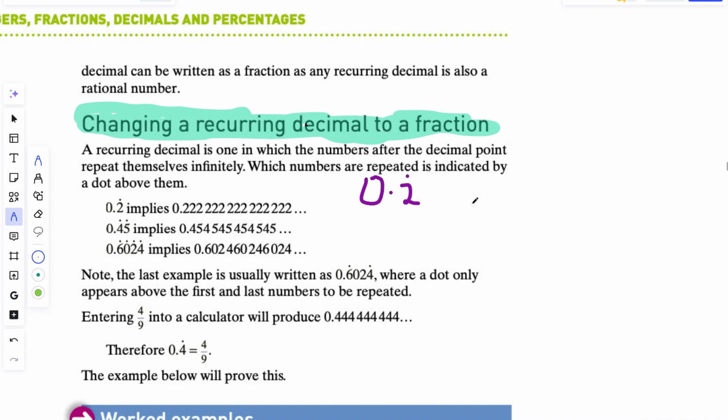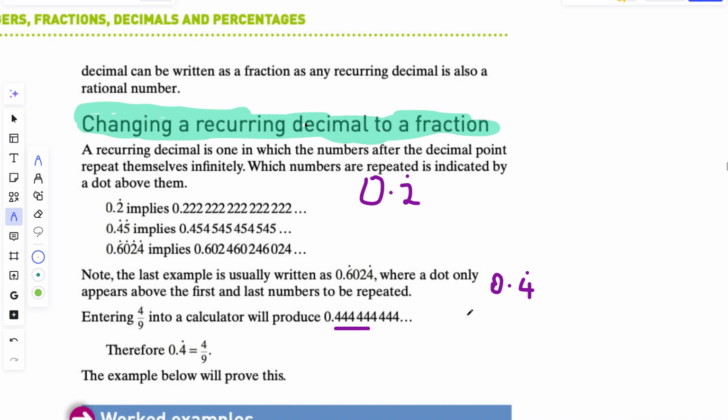So let's go to changing this one to a fraction, 0.4444. You know, we normally write 0.4 with a dot, change it to a fraction.